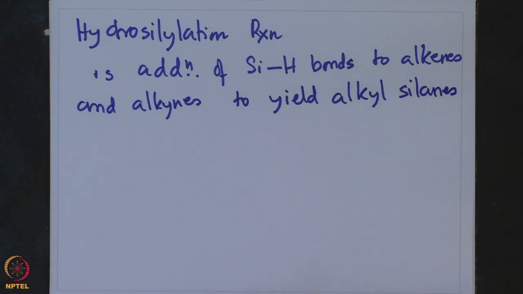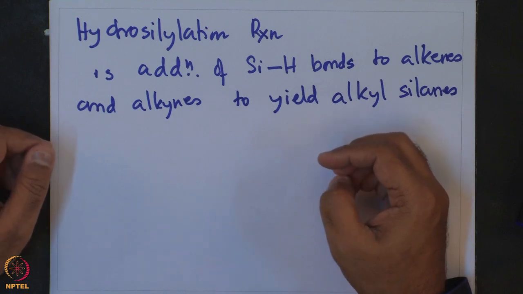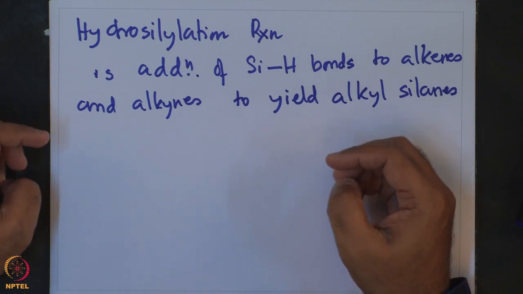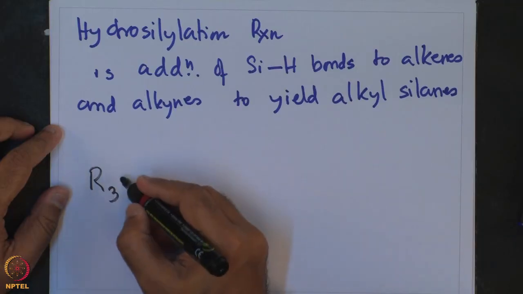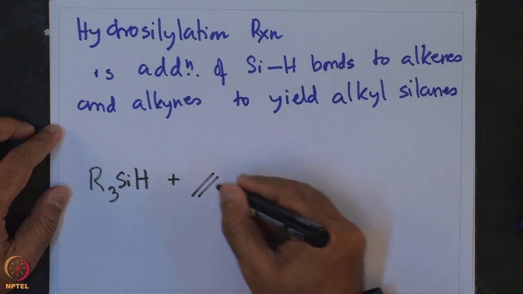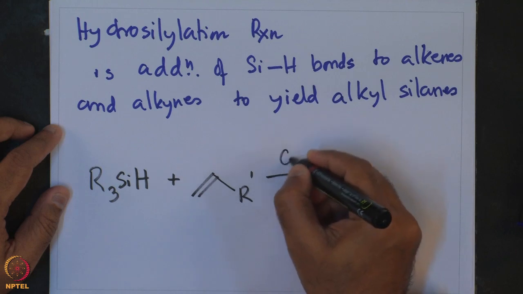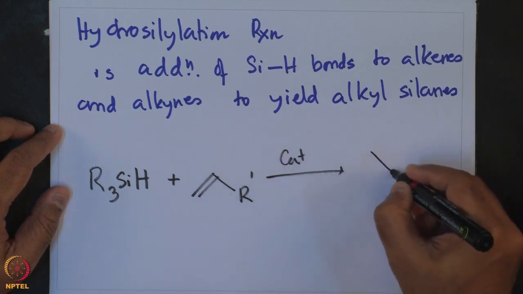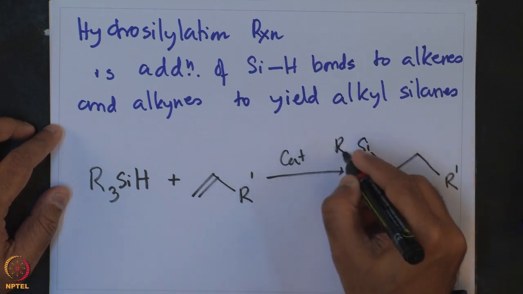Now, this is a very general and most trusted method for the preparation of alkyl silanes, and this is exemplified by this reaction: trialkyl silane R3SiH plus olefin in presence of a catalyst, giving R-SiR3.